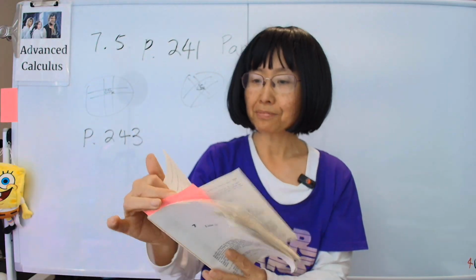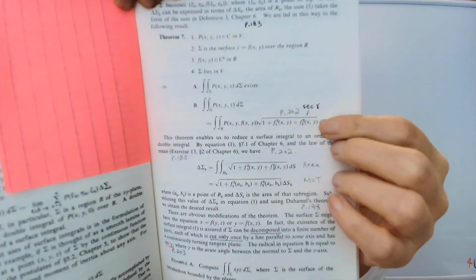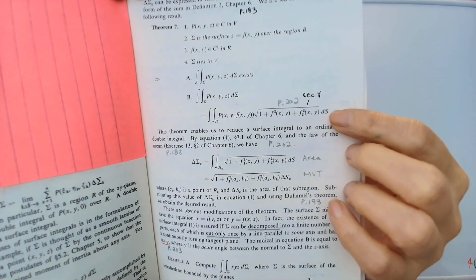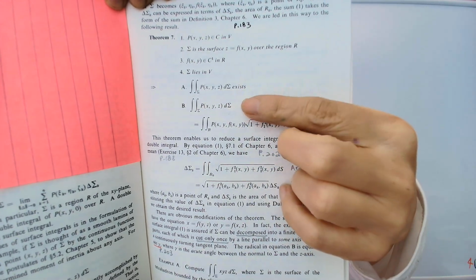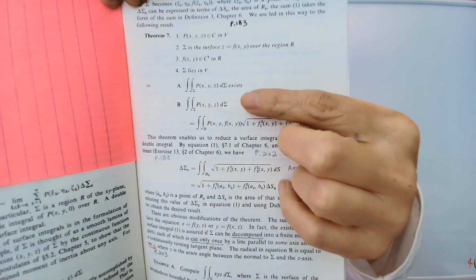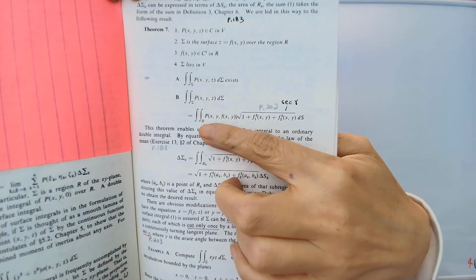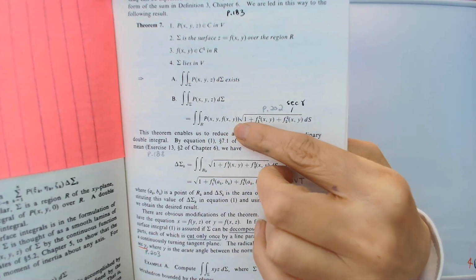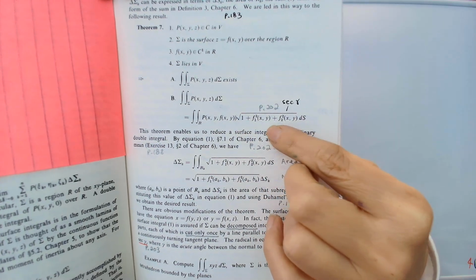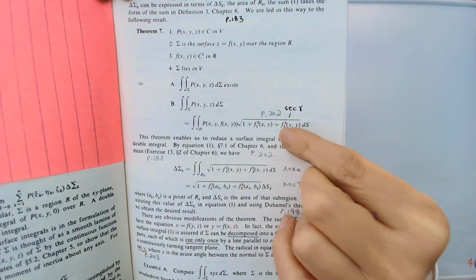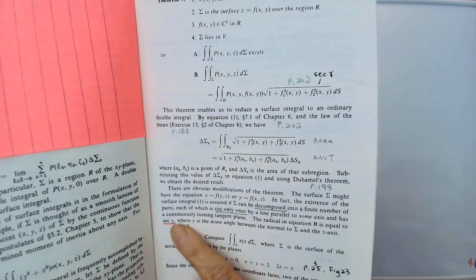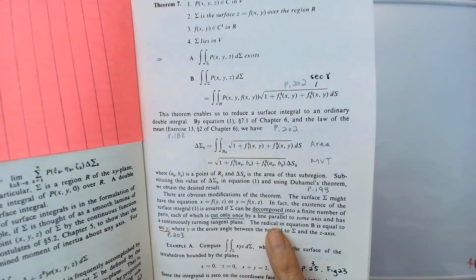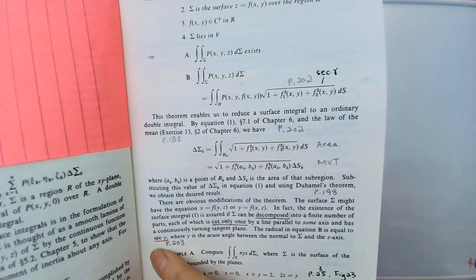Now let's look at theorem 7 to refresh our memories. Theorem 7 says the double integral over sigma of some function is the same as the integral over the projection on the xy plane of that function with secant gamma. It says so right down here: the radical in equation b is equal to secant gamma, as we mentioned earlier.